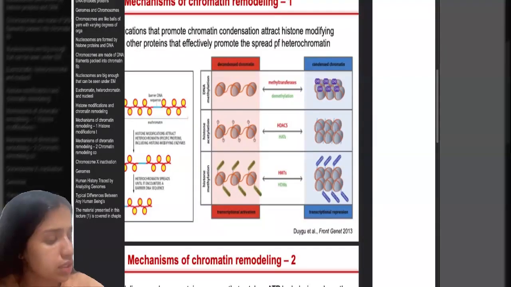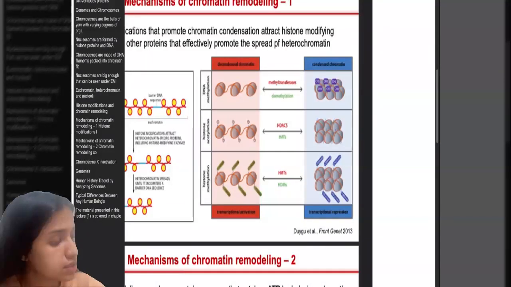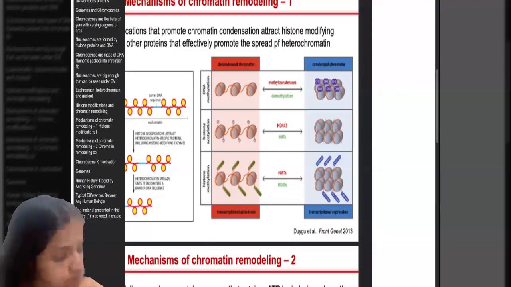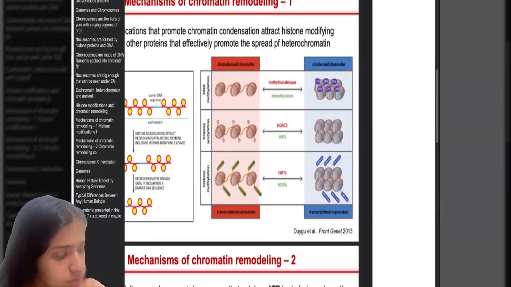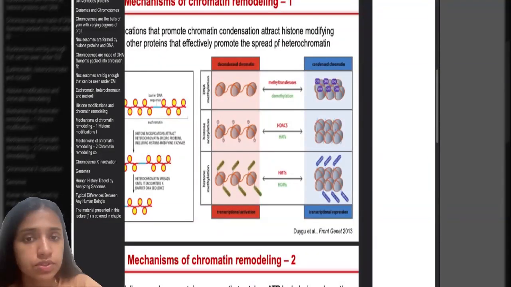The first is decondensed, and this is condensed. This is turning from DNA methylation. You have these three little packages, and they are turning into condensed chromatin via methyltransferase, and demethylation is what gets it in the opposite direction.